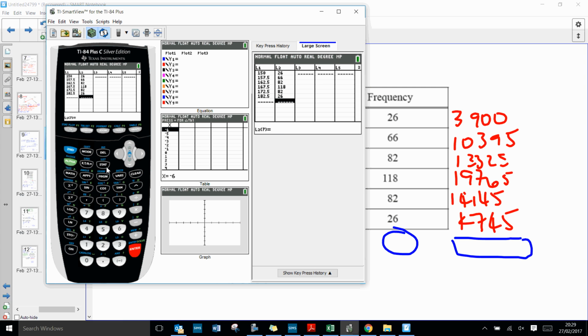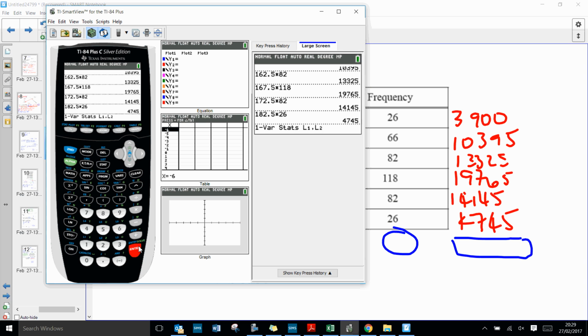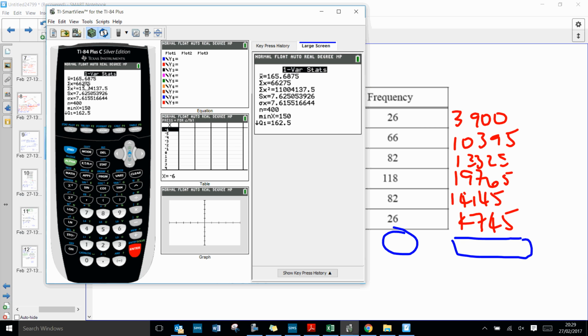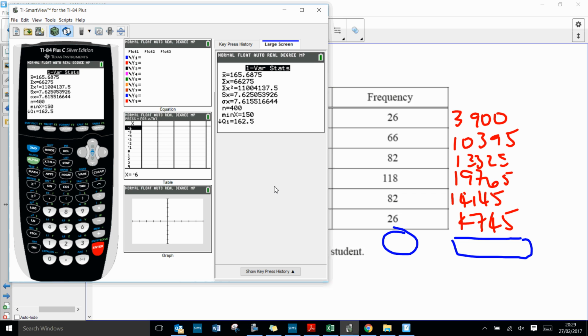And we would press calc. There's only one variable, and then our frequency does come into play here. And then we calculate. So our mean is 165.6, so 166, I guess.